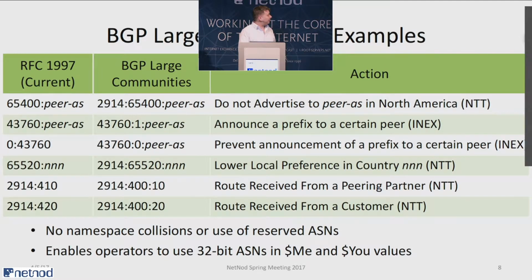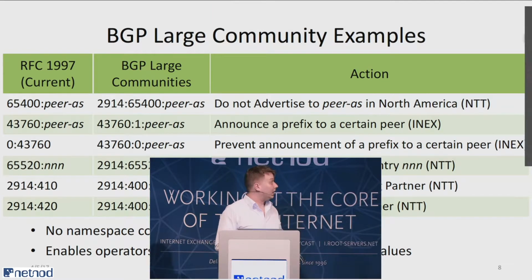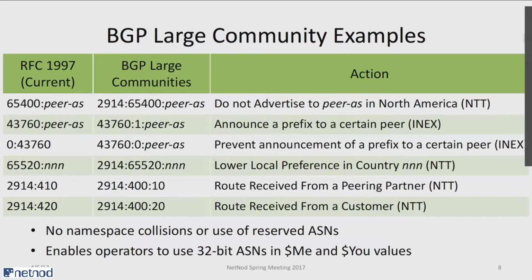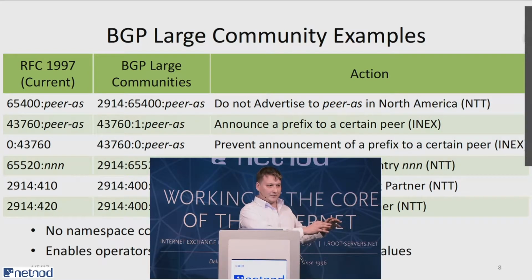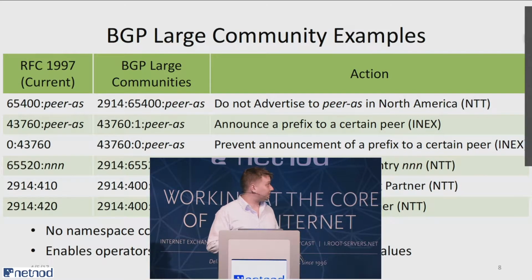The first feature we gain is that the namespace is now clean. You can see here 65400 is a private ASN, and NTT essentially ran out of community space, so we started squatting on private ASNs. The downside of doing that is that if we were to merge with another network or acquire some network or do some integration work, there is a chance of collisions, and if the same community means something different in that other network, we get unexpected results.